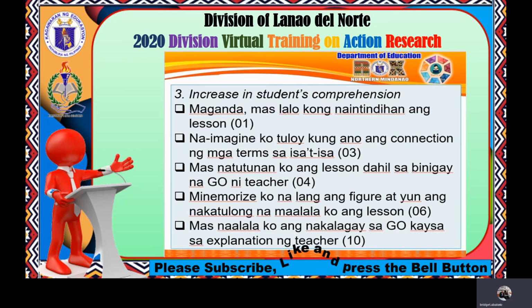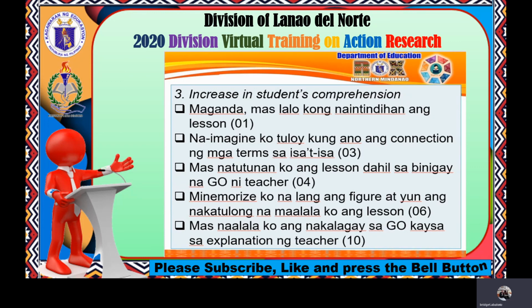Another theme, increase in students' comprehension. So ito yung mga kasagutan, marami ang mga kasagutan na related dito sa theme or sa category na ito. Ito ay magmula sa response ng mga sumusunod na student. Student 1: maganda, mas lalo kong naintindihan ang lesson.